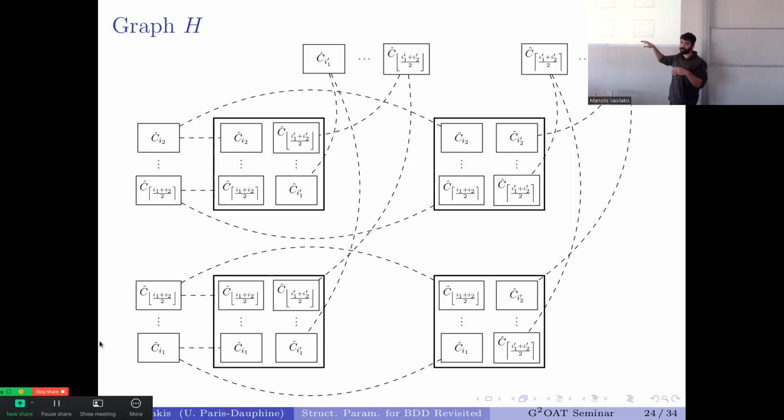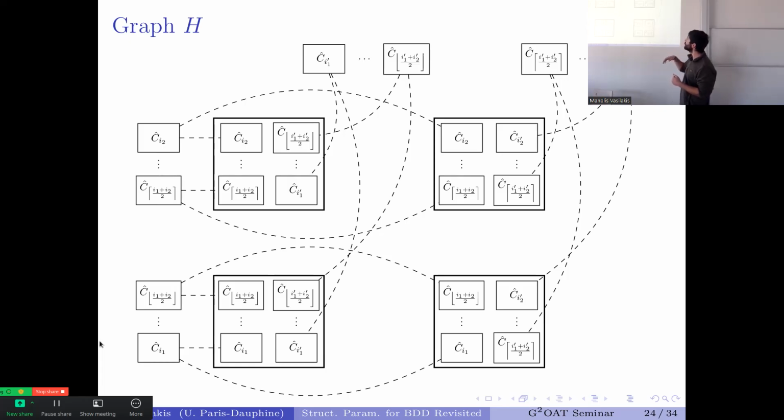For every choice gadget, we produce two copies. We enforce consistency, and this is what those lines represent. For every connection between different occurrences of the same choice gadget, you can think of it as a constant number of vertices that are connected in a way that enforces that the choices remain the same.